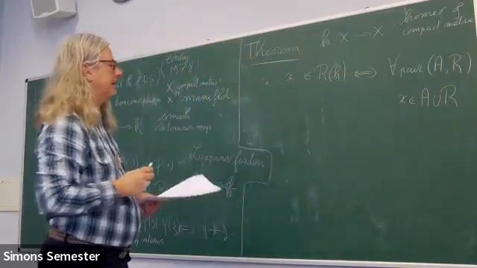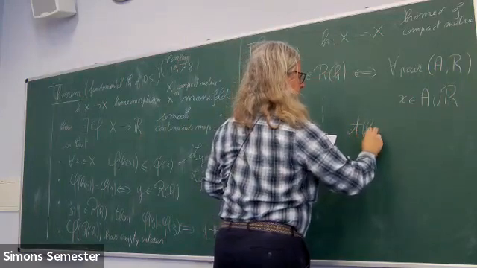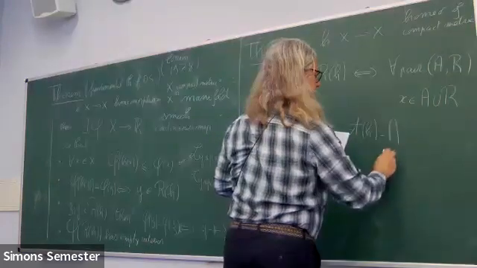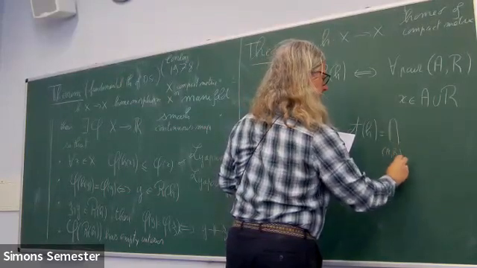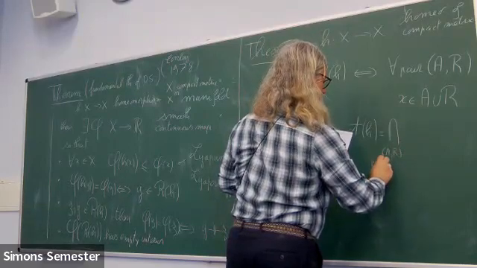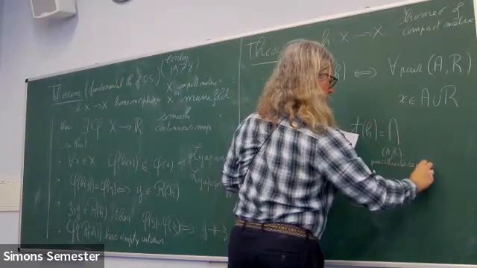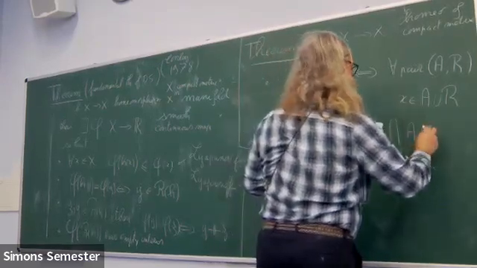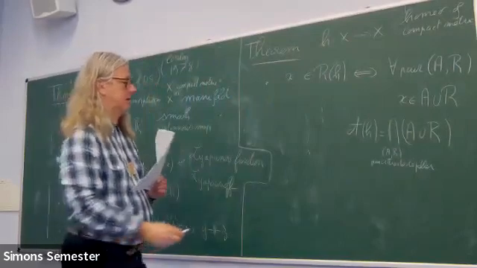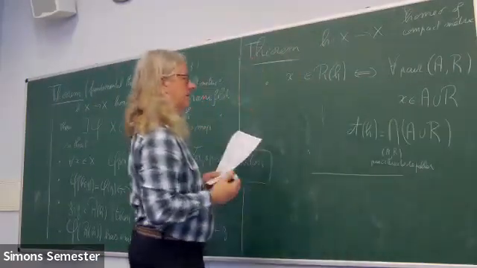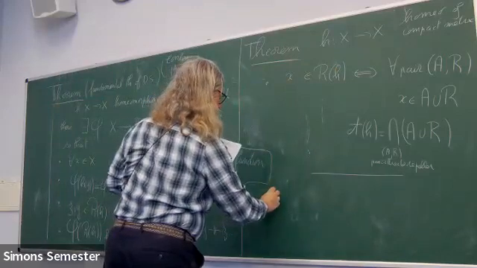So, to write it another way, what I will denote by A(H) is the intersection over every attractor-repeller pair of A union R. That is for characterizing the chain recurrent points.